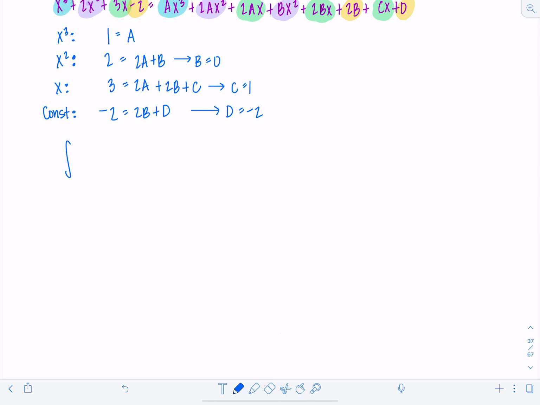So we have the integral of x over x squared plus 2x plus 2, plus x minus 2 over x squared plus 2x plus 2 squared dx.